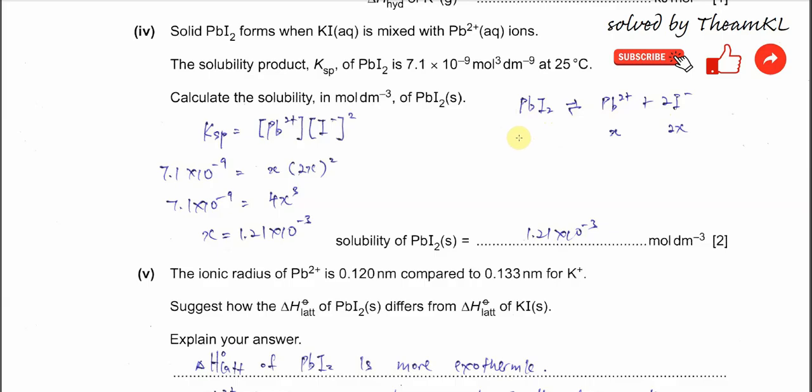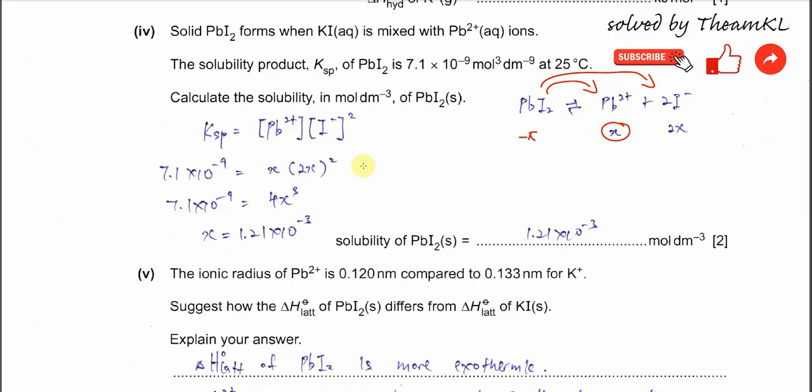Let's say X mole of this salt is dissolved, and it will produce X mole of the lead-2 ion and 2X mole of the iodide. So this is an idea that you must have. It means the X here can represent the solubility of the salt, because it is all from the salt dissolved and forming these two ions. If you can calculate X, you can get the solubility.